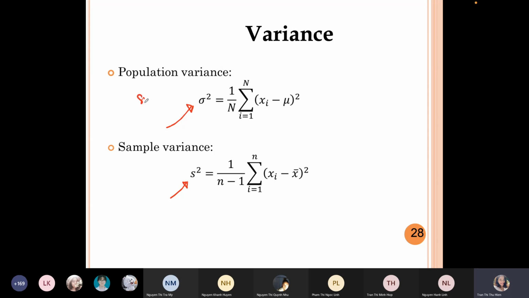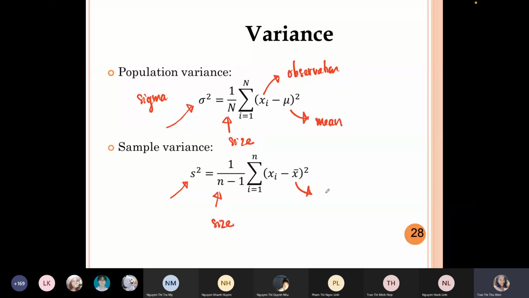It is called sigma squared for the population variance, and s squared for the sample variance. N is the population size and n is the sample size. x_i here is an observation, mu is the mean, but x-bar is for the sample.